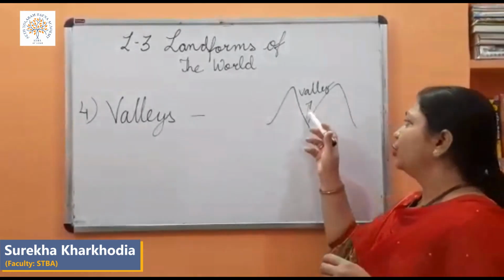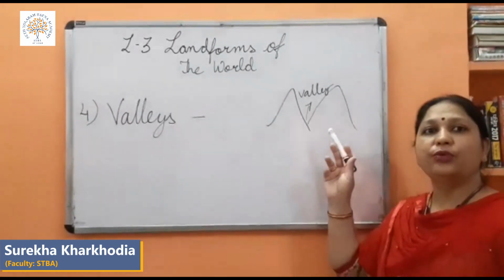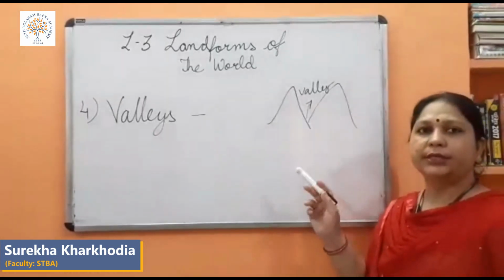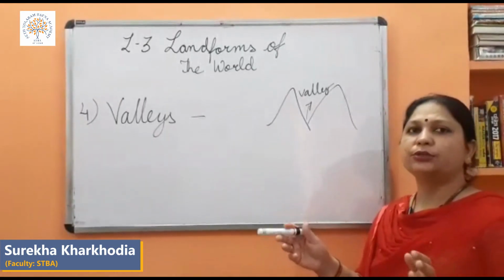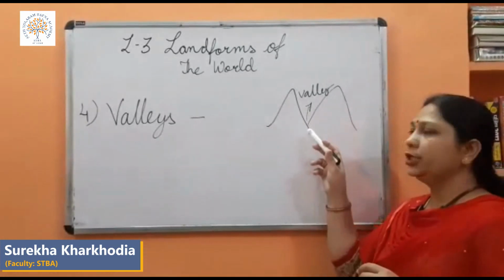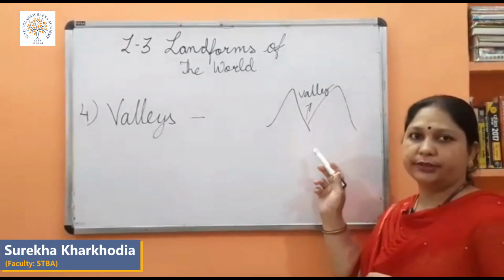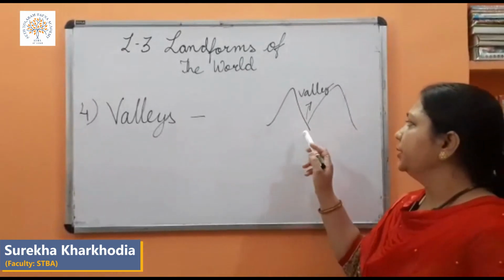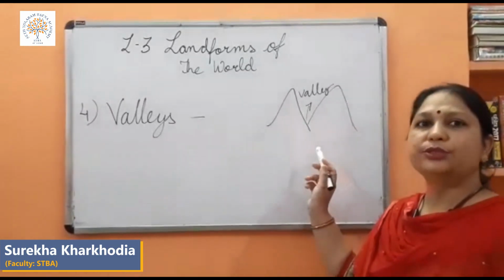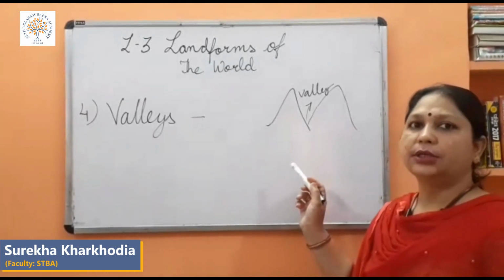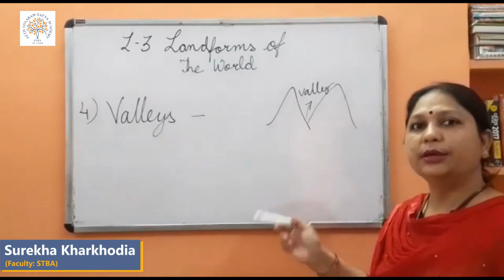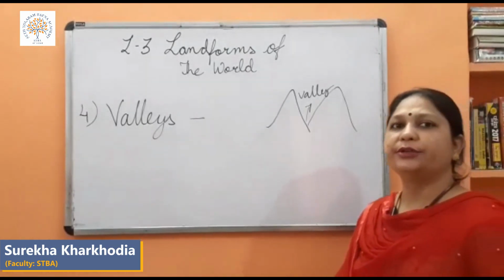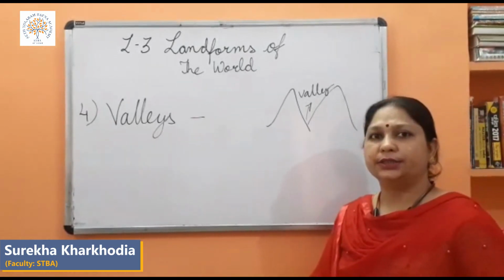It can be broadened by the flowing of the river through the mountains, according to the flowing capacity of the water. So this is a valley. Then there are some famous valleys in India, in Kashmir, in Himachal Pradesh, and Switzerland is also very famous for valleys.